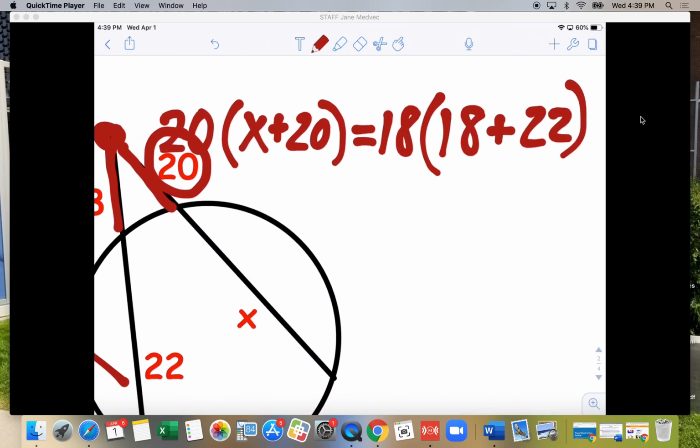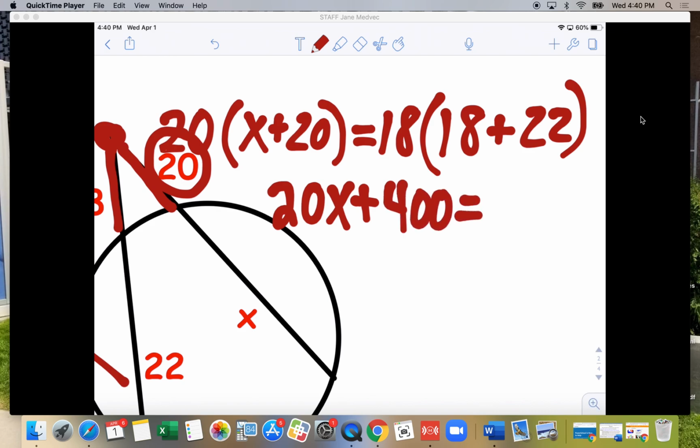All right, now let's use our algebra. So I've got 20x plus 400 equals, and you can solve this any way that you want to. I'm going to use like terms. So I'm going to go 18 times 40.